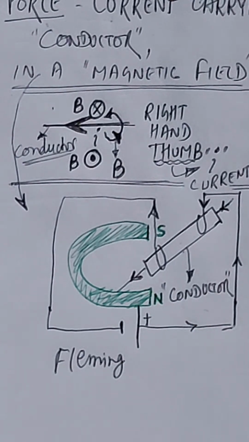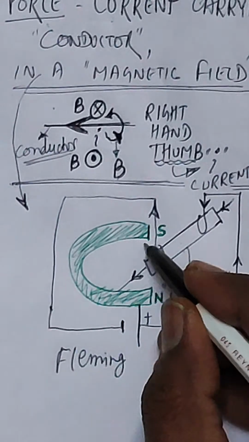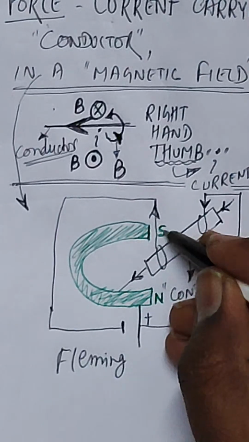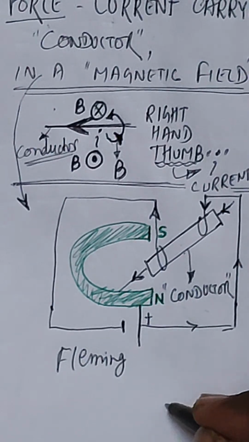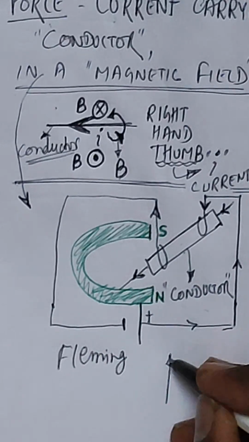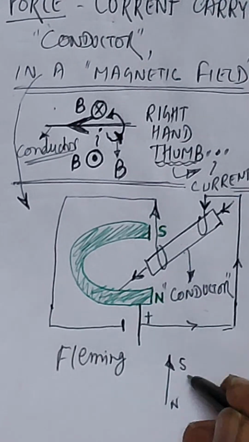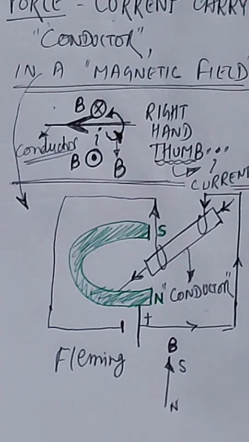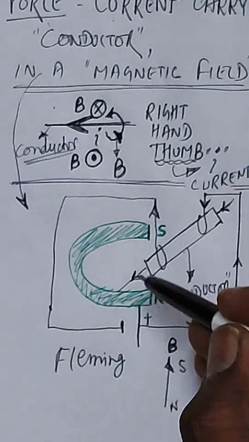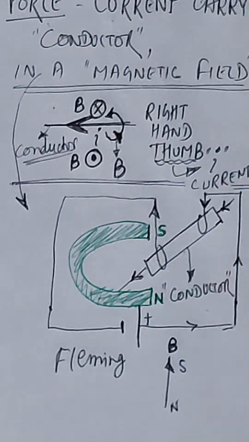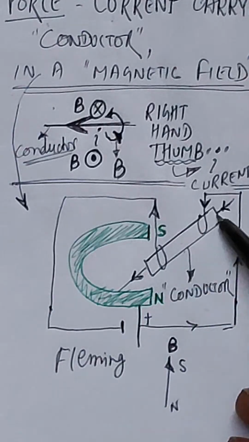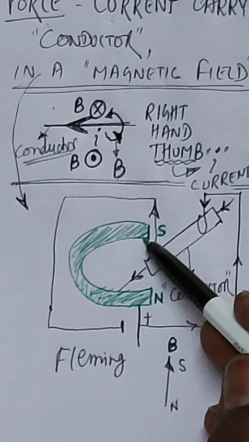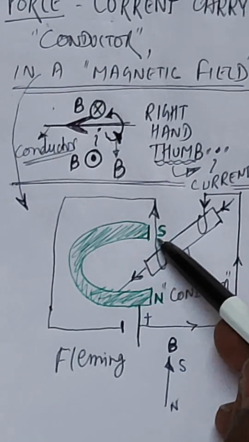North to south, the magnetic field will be like this. This will be the direction of the magnetic field represented by B. And this current is not in the same direction as the magnetic field, mind it.